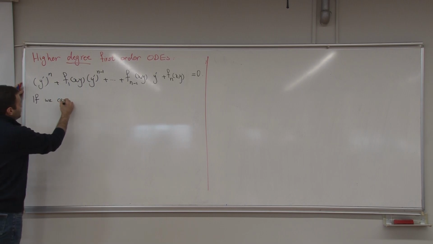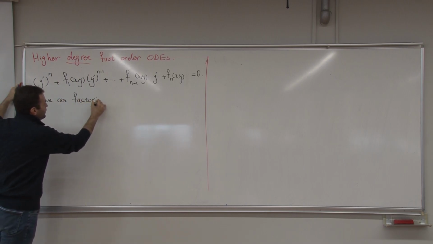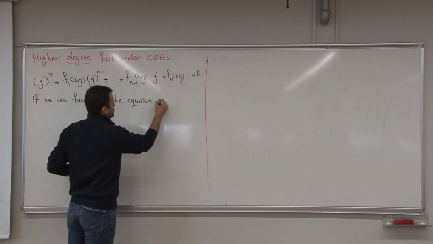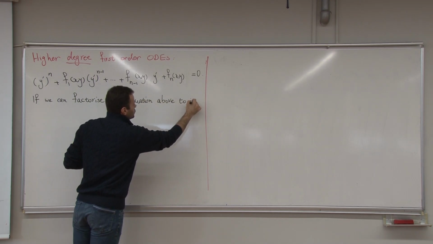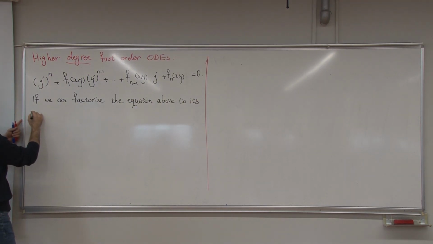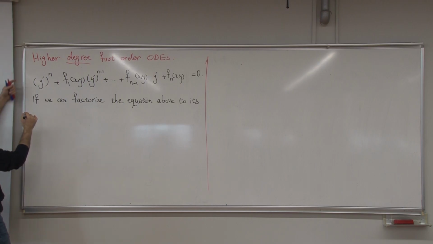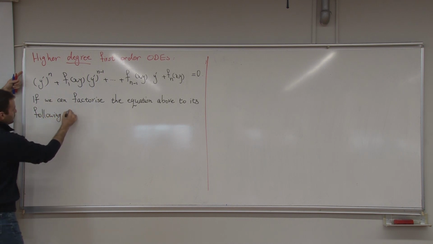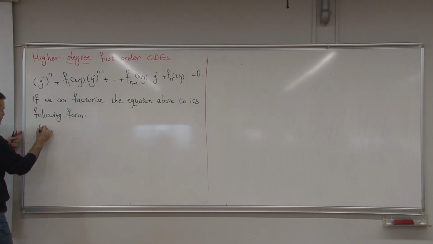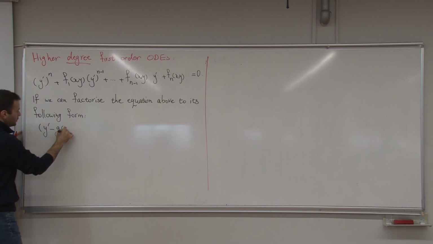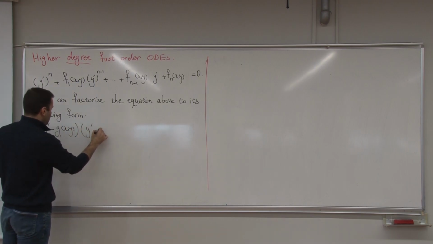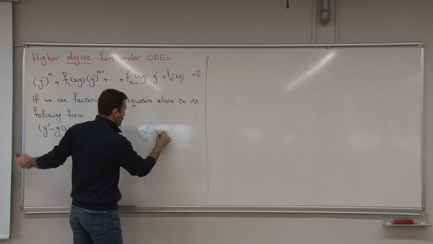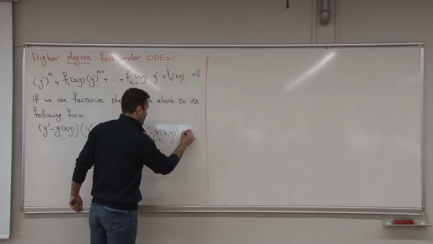If we can factorize the equation above into the following formula: y prime minus g1 of x, y, times y prime minus g2 of x, y, up to y prime minus gn of x, y, equal to 0.